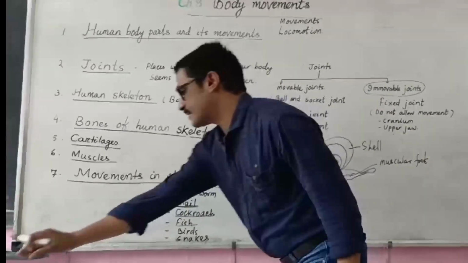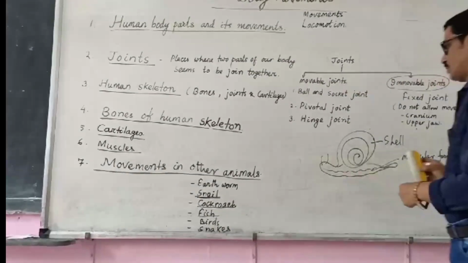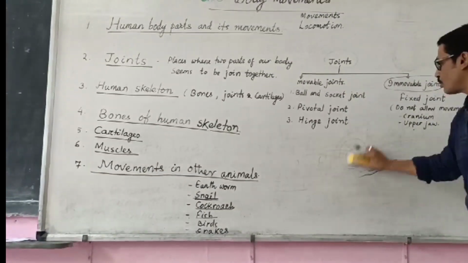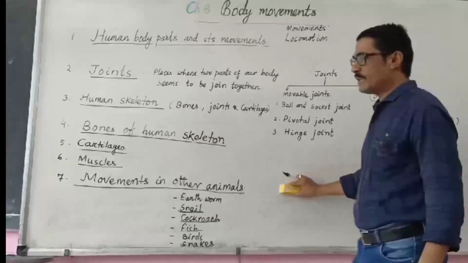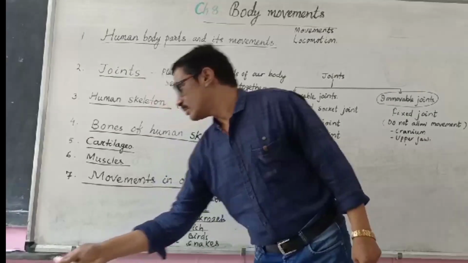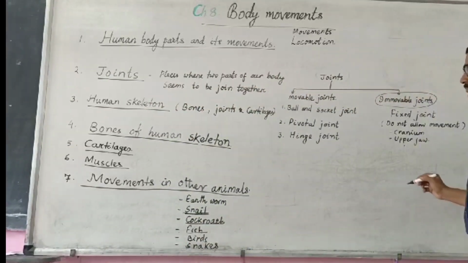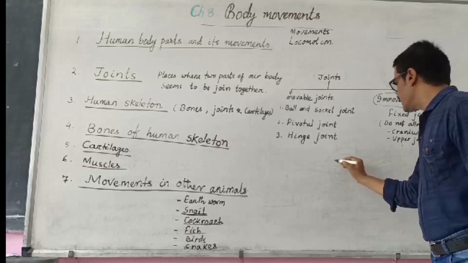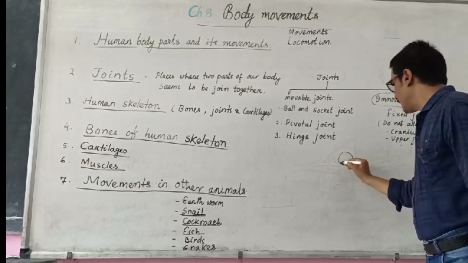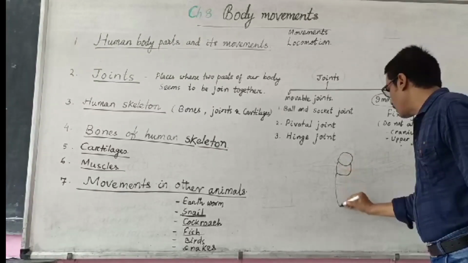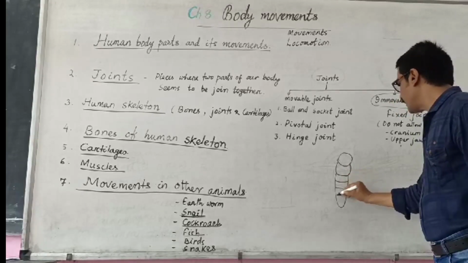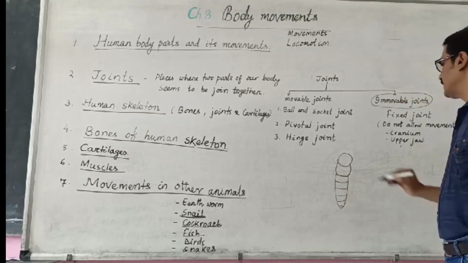And next we will discuss the cockroach. You know, cockroaches are insects. The body of the cockroach consists of head, thorax and abdomen, which is segmented.